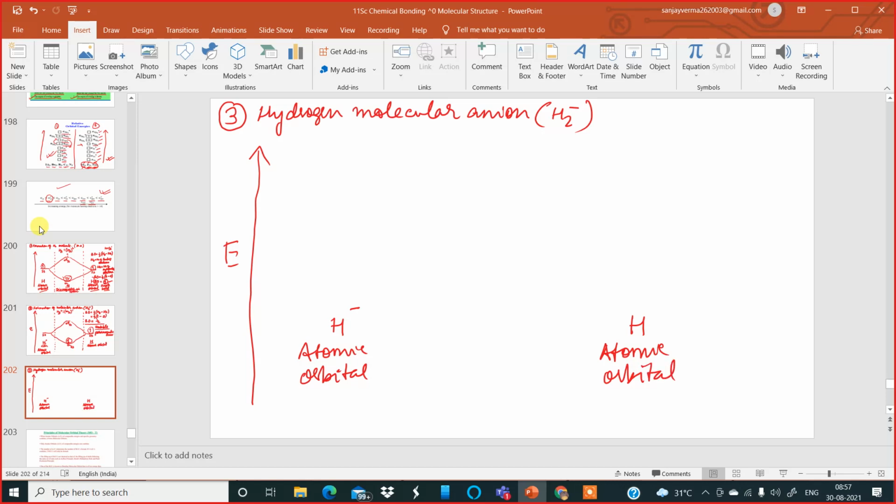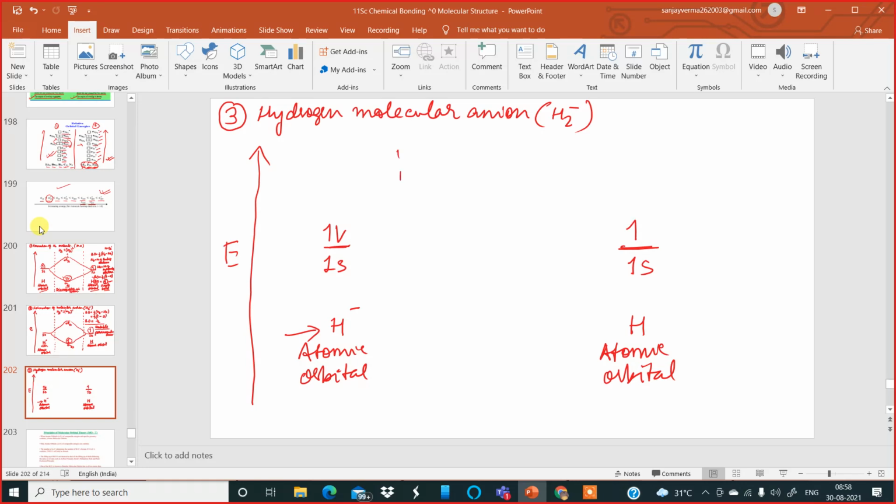Anion means it has one extra electron, so here I'll put the atomic orbital as small lines like this. This will be 1s, this will also be 1s, but since this one is an anion, the hydride ion, it will contain 2 electrons, and this atom will contain 1 electron.